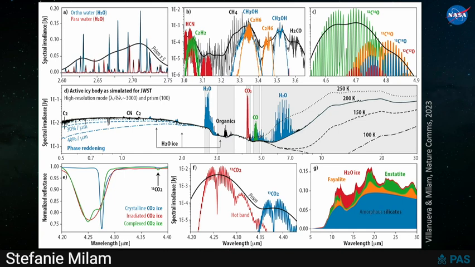So how much crystalline and amorphous ice is embedded within solar system bodies. And then, of course, the solid component, understanding the silicate nature, how much carbonaceous material or otherwise is within our solar system.